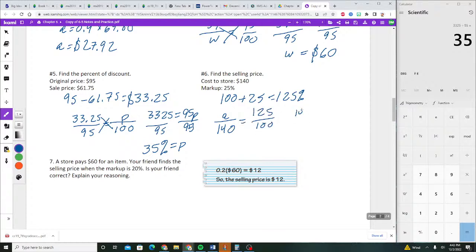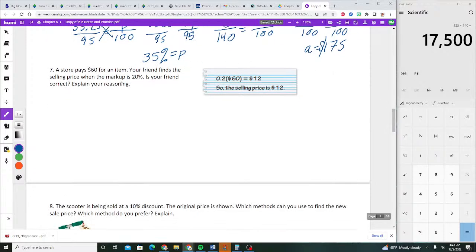I'm just doing it this way because I don't know why. 125 times 140 gives us 17500. Divide both sides by 100. That gives us $175 is what we're selling whatever this is for.